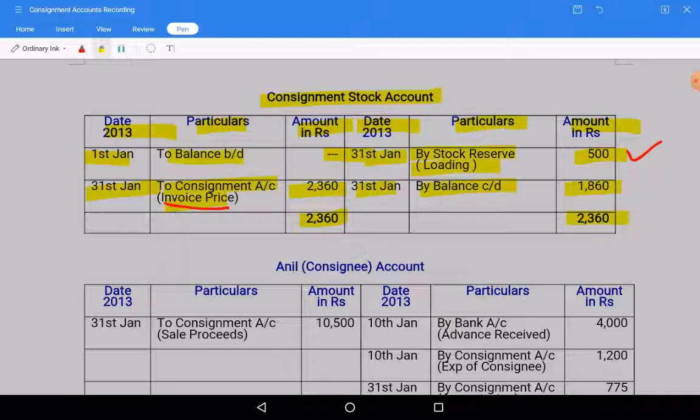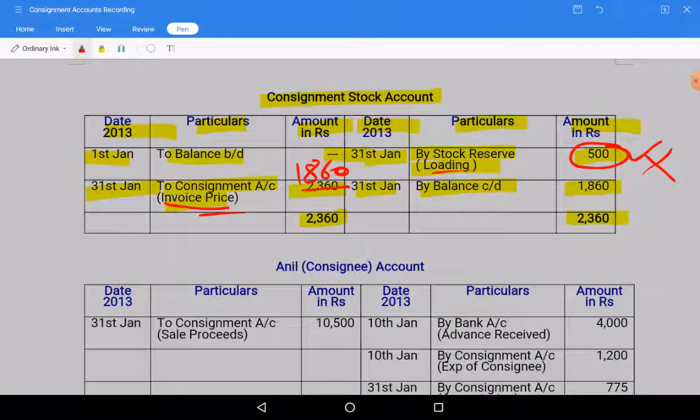I repeat once again, here invoice price is there, so here loading is there, but under cost price you will not have this 500 here, and directly instead of 2,360 it will be 1,860 rupees that you can find in the case of the cost price method.